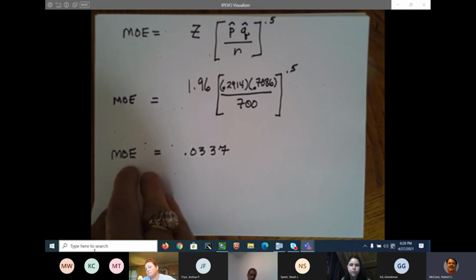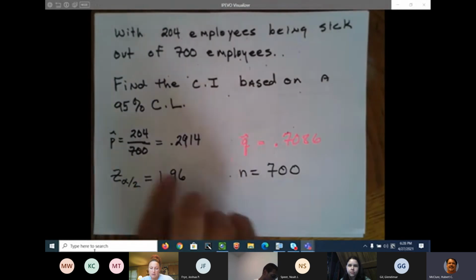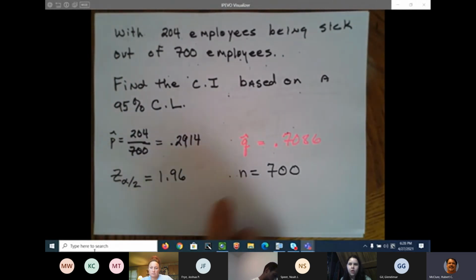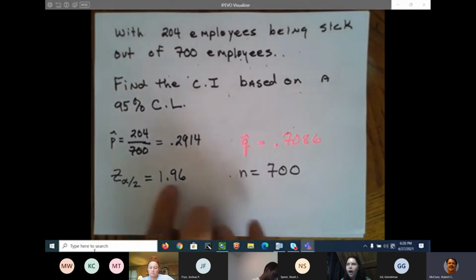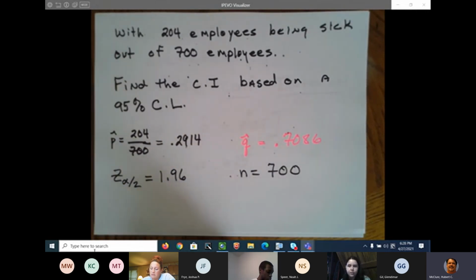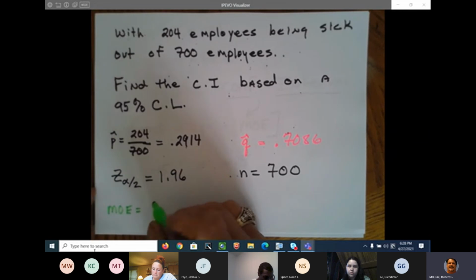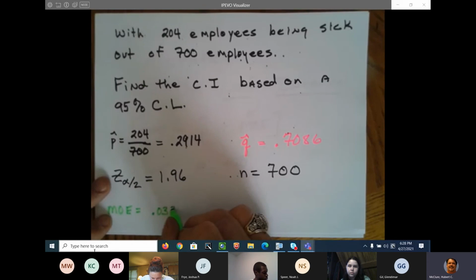Okay, here is what we have. We have p hat. We have q hat. We have z and we have n. Now, I'm going to write it in green because it's very important. The margin of error is equal to 0.0337.